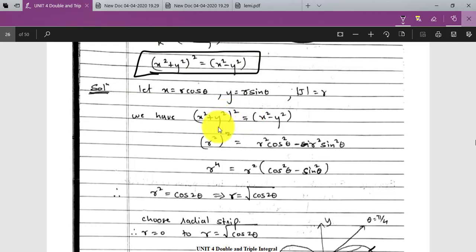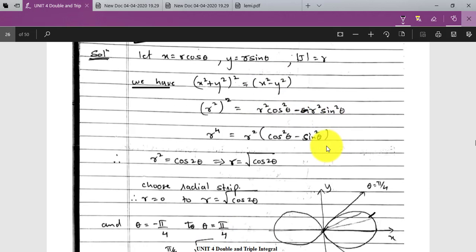First I write that (x square plus y square) squared is equal to x square minus y square. Now (r square) squared, since x square plus y square is r square, and x square minus y square is r square cos square theta minus r square sin square theta.